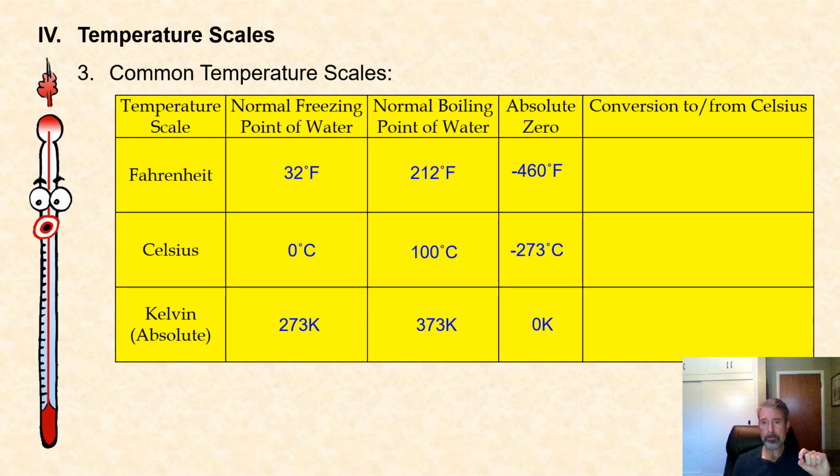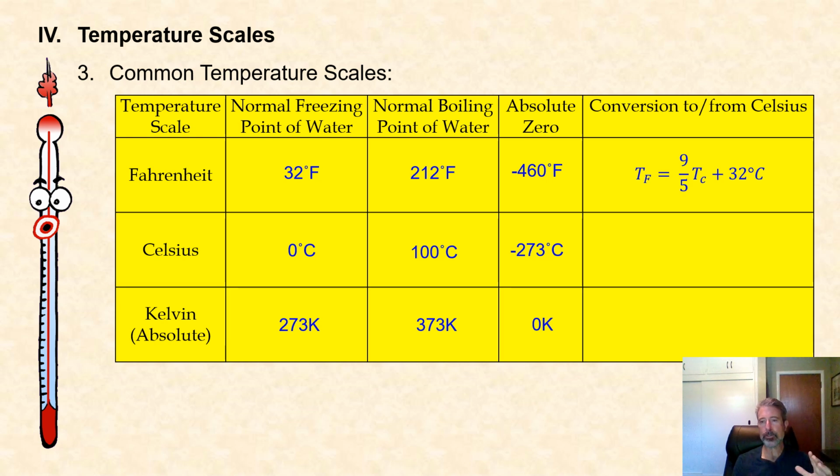These conversion expressions that allow you to go from one temperature scale to another, we can state them in many ways. I'll give them to you like this: the Fahrenheit temperature is equal to the fraction 9/5 times the Celsius temperature, and then we have to add in this 32 degrees because they have a different starting point. Notice on the Fahrenheit scale, the starting point for the freezing point of water is 32 degrees above what it is on the Celsius scale.